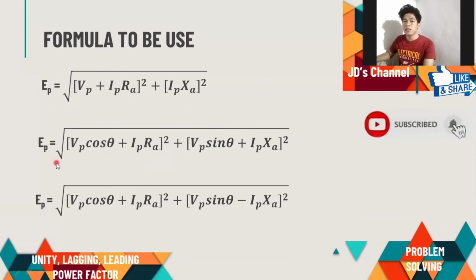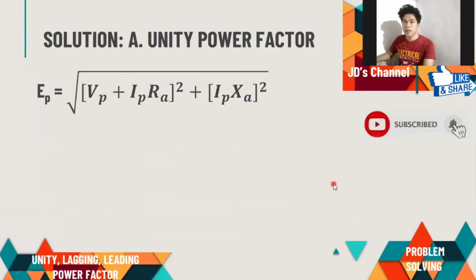This one is for the lagging power factor. And this one is for the leading power factor. Those are the formulas that we are going to use in problem solving. So let's now proceed sa ating solution. We first solve when the load is at a unity power factor.